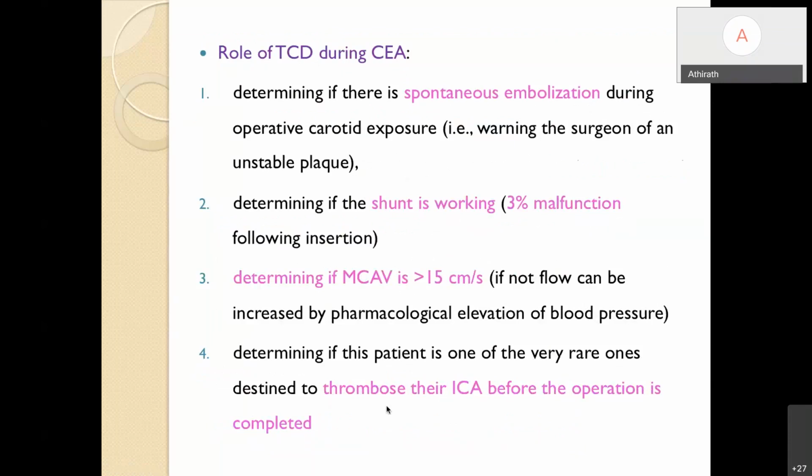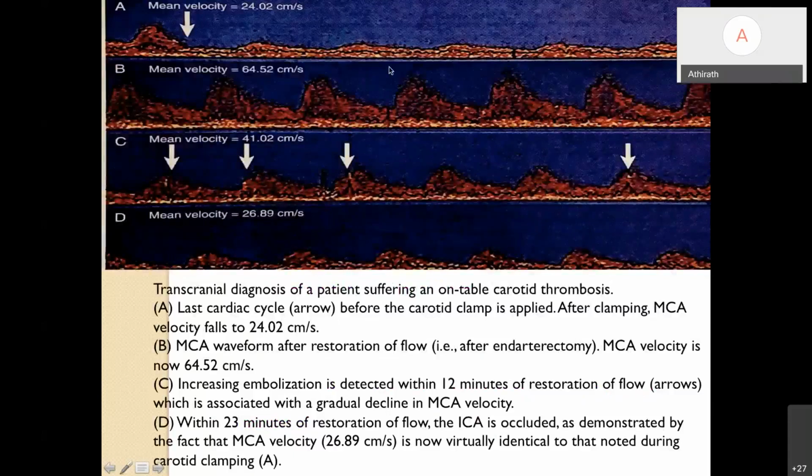These are the transcranial Doppler tracings. As you can see in the first image, A, just after the carotid clamping, the middle cerebral artery velocity falls to 24 centimeters per second. And once carotid endarterectomy is performed, the MCA velocity increases to 64 centimeters per second.